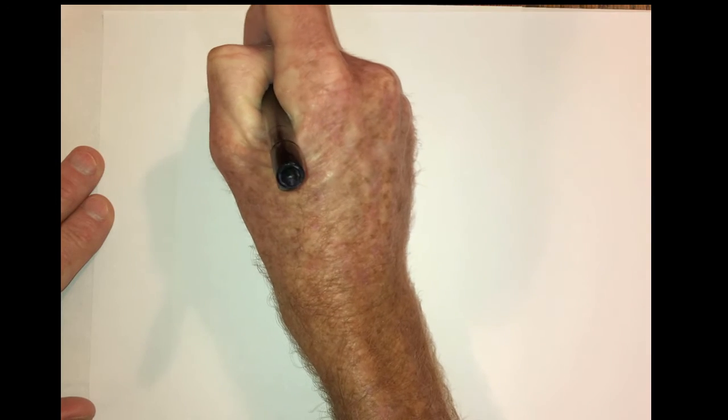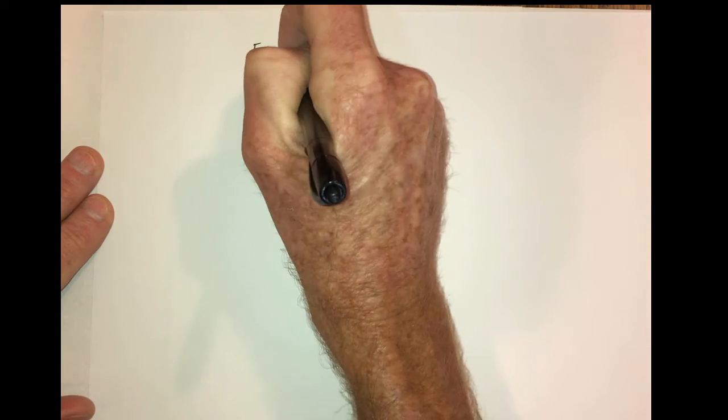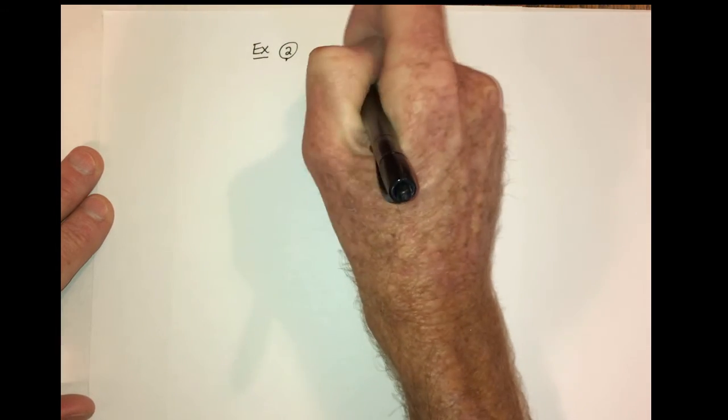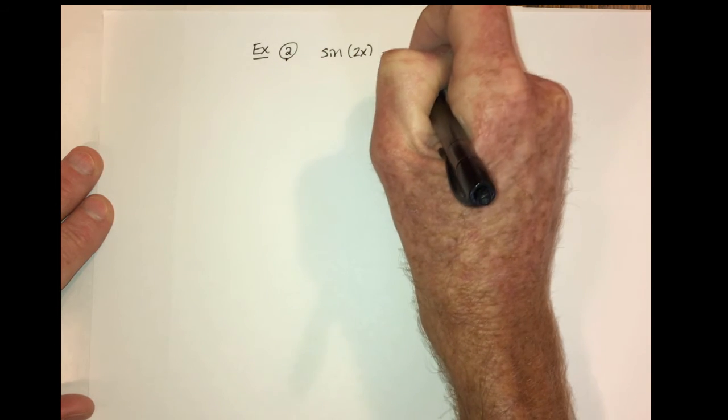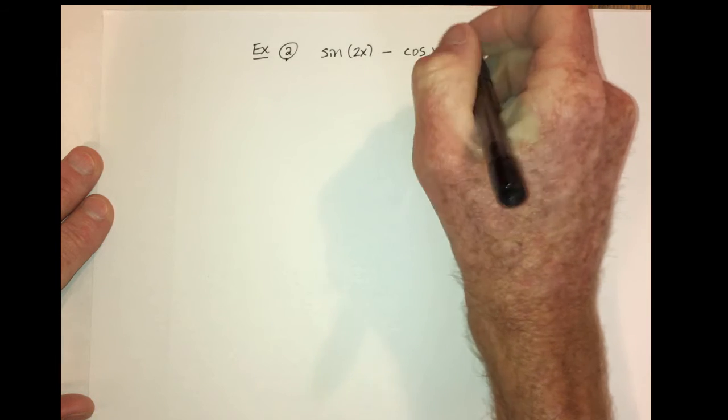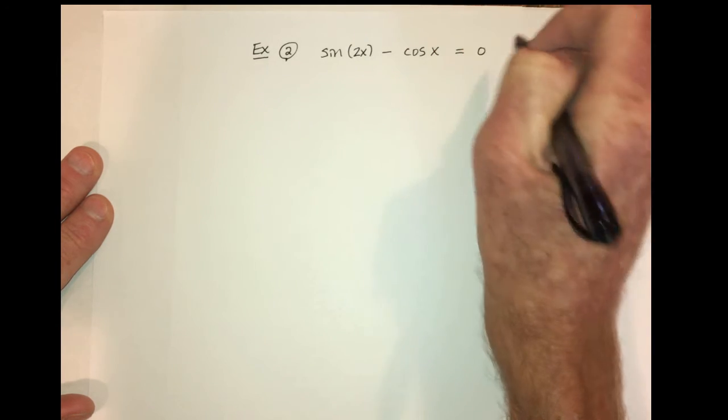Okay, then example number 2. So again, find all solutions in 0 to 2 pi. Example number 2, how about sine of 2x minus cosine of x equals 0.